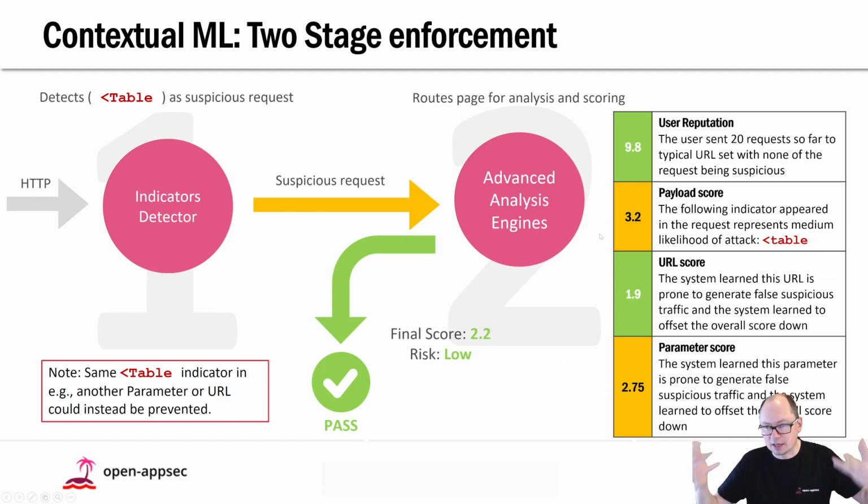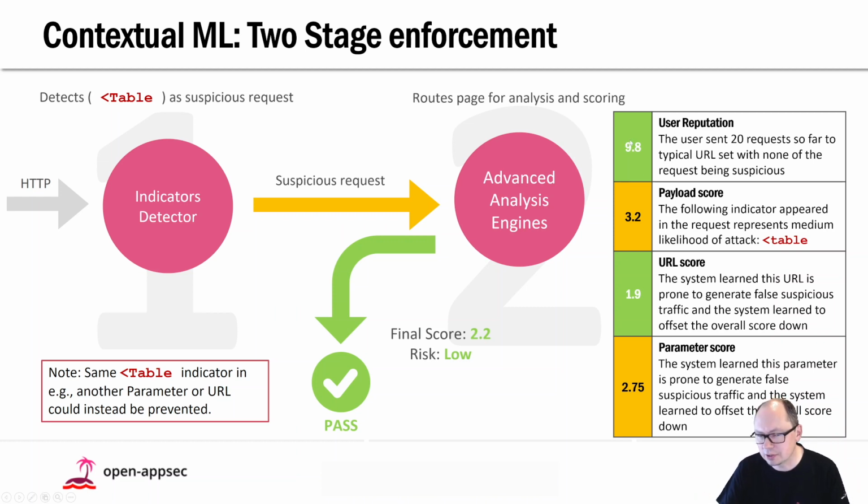In the advanced analysis engine, we start looking at the full context, the full picture. The full picture tells us that the user here, which in the case of the Confluence wiki is an employee just using the Confluence wiki solution maybe within the intranet of his company, already did 20 requests so far and never showed any suspicious behavior at all.